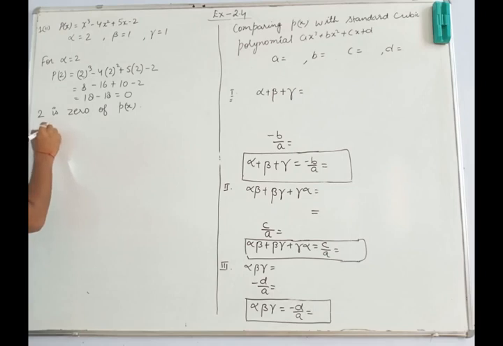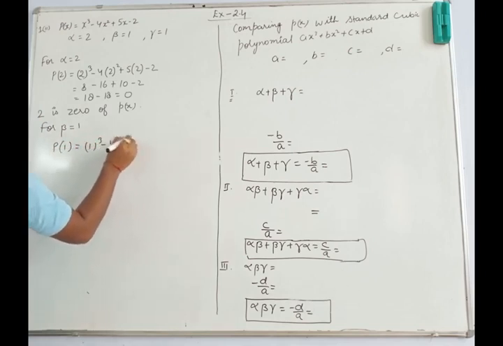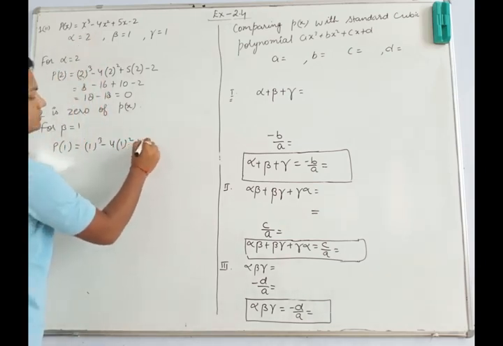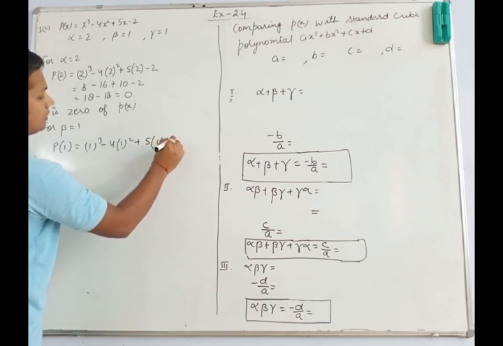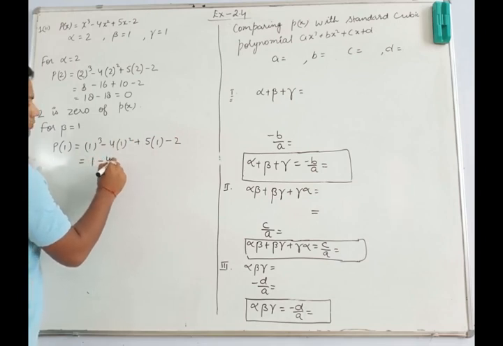Now for beta equals 1. So P(1) will give you what? 1 cube minus 4 into 1 square, in the place of x we will be putting this one obviously, plus 5 into 1 minus 2. So 1 cube will give you 1, 1 square will be 1, 4 into 1 will give you 4, plus 5 minus 2.